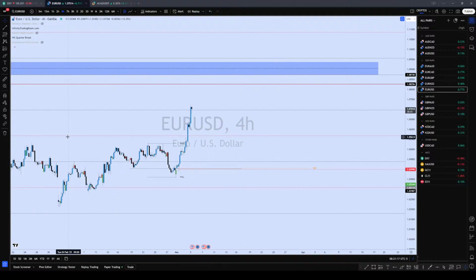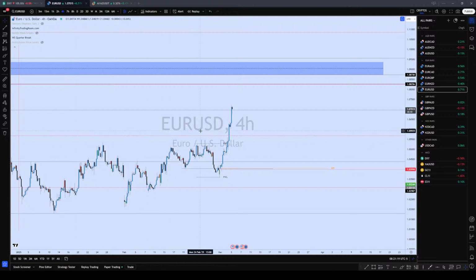At the levels when price is going up, these levels, they will form a down candle. That's the trick. Price will form down candles at that level when it's going up.